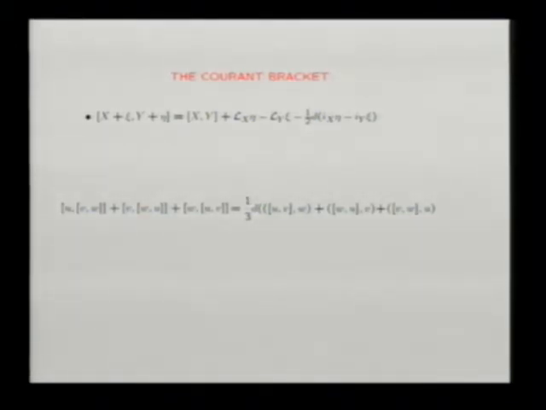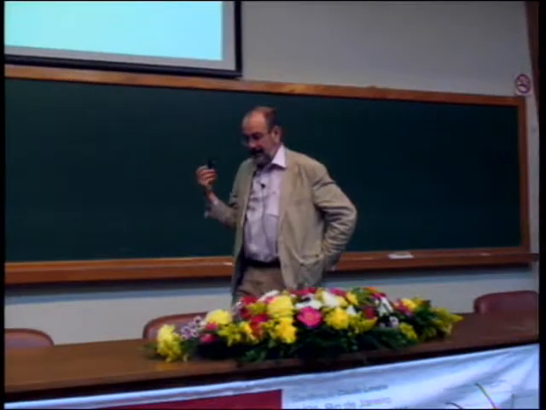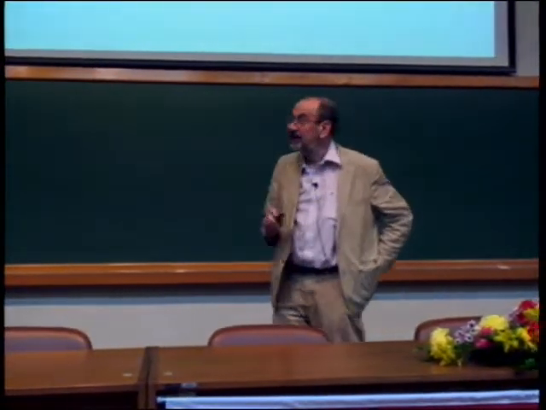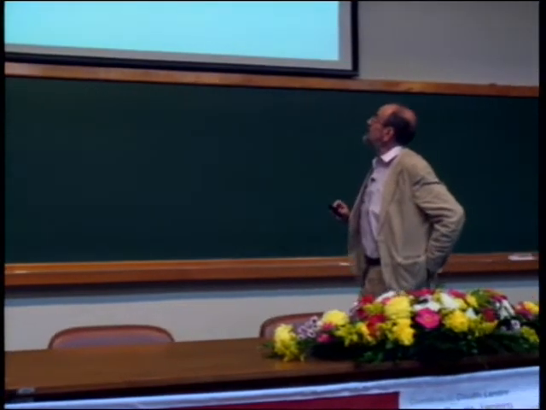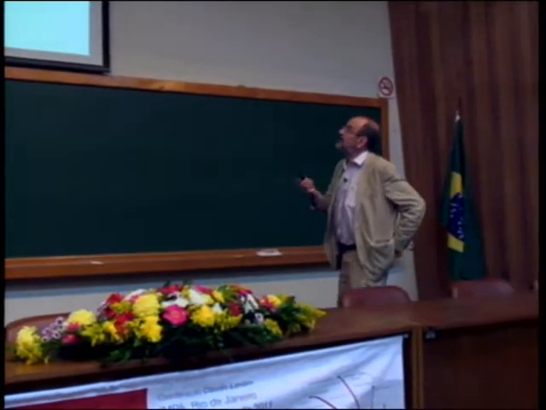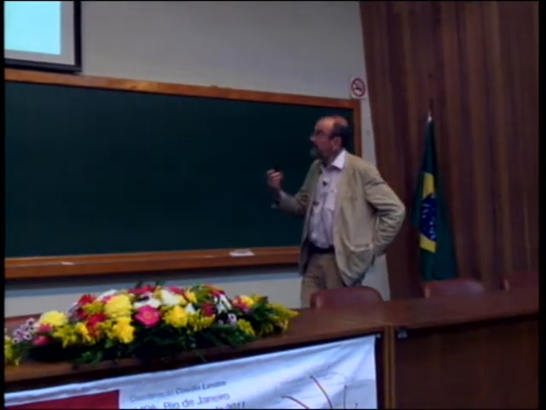Okay, so that's the idea, that you think of T plus T star instead of T. You think of this bracket instead of the Lie bracket. And the most important thing is that you have this transformation by closed two forms. So if I have a two form, then it transforms T plus T star to itself in this fashion.